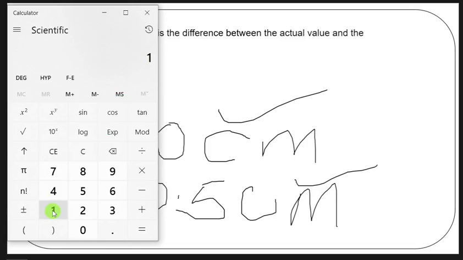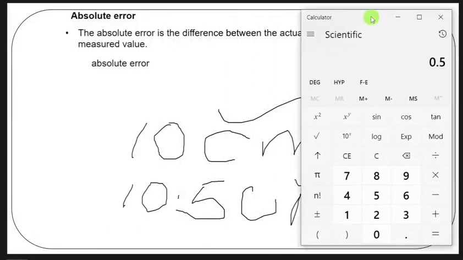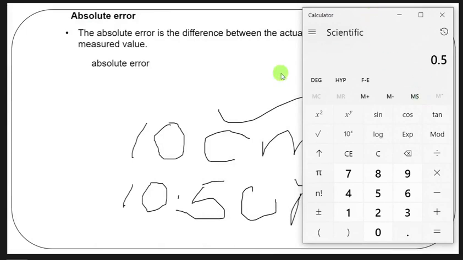Then for us to get absolute error, we take 1 centimeter divided by 2, which is 0.5. So we are still getting 0.5. So this is another concept in which absolute error is represented.